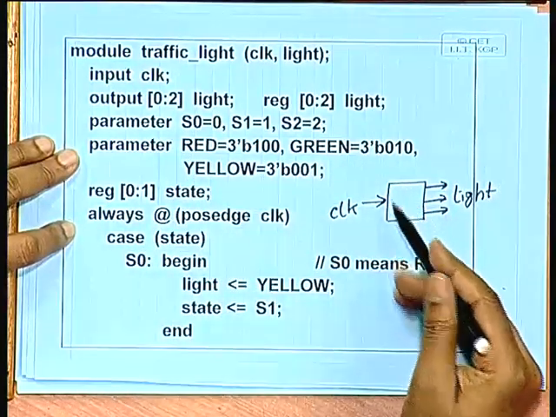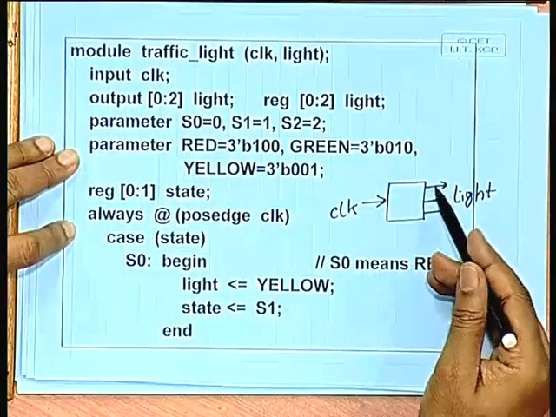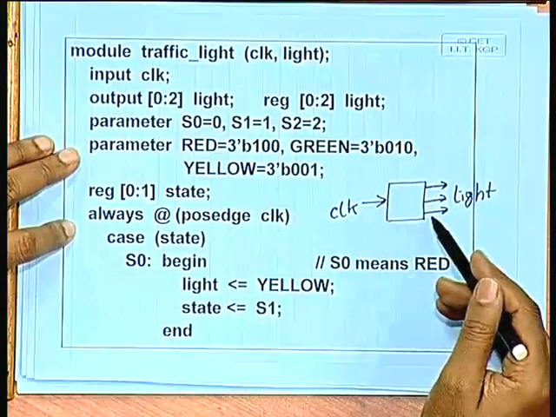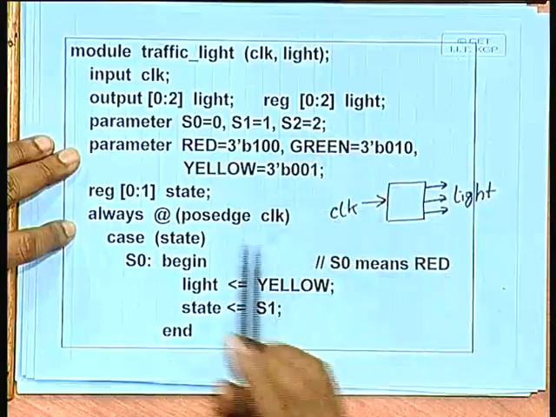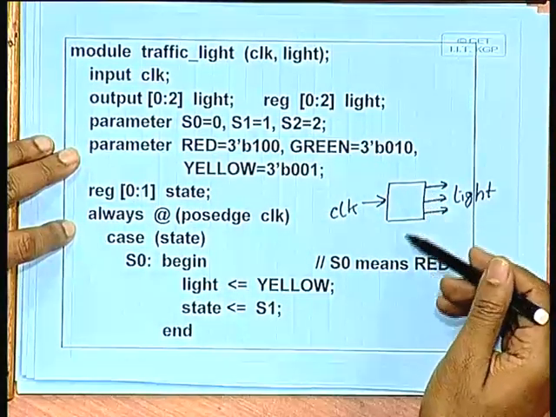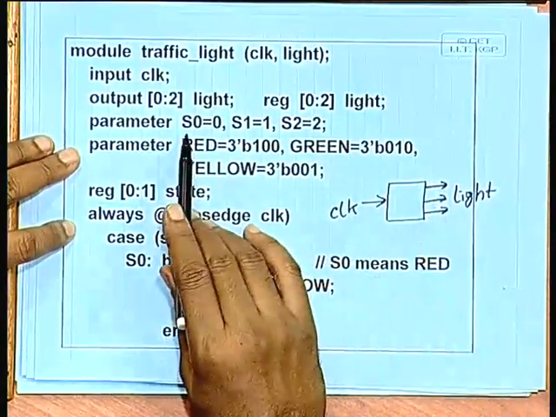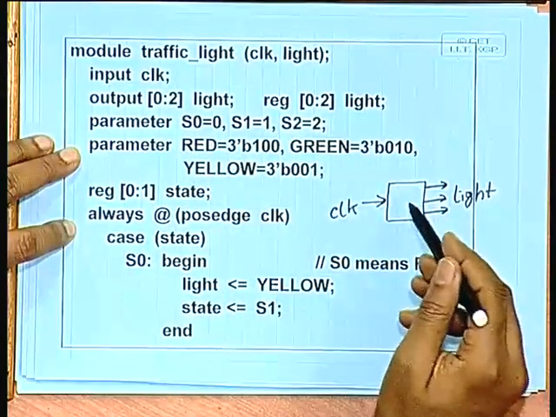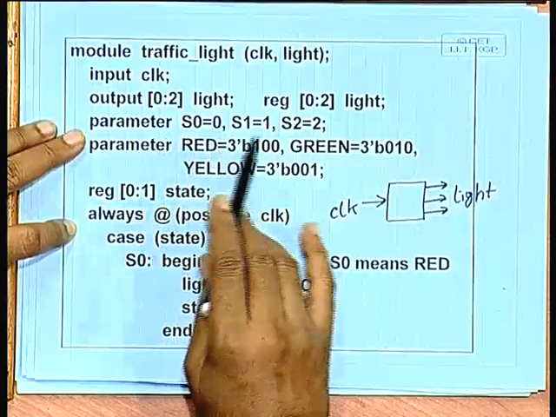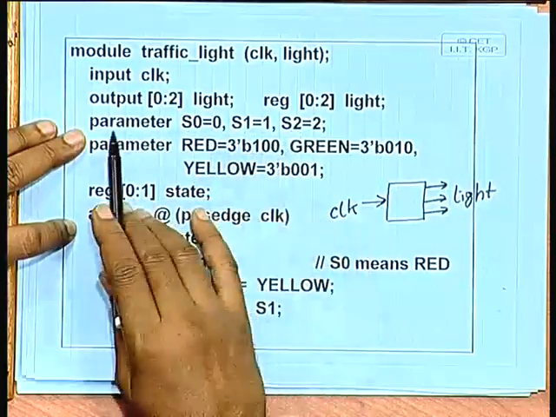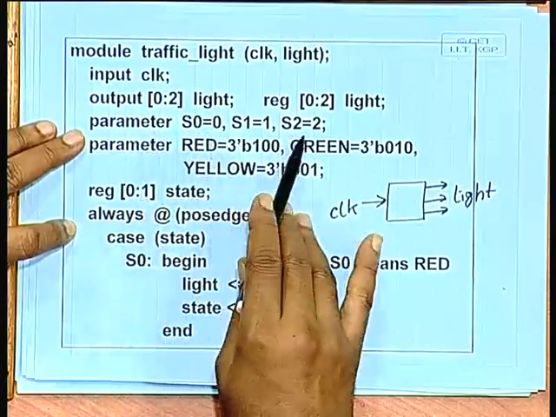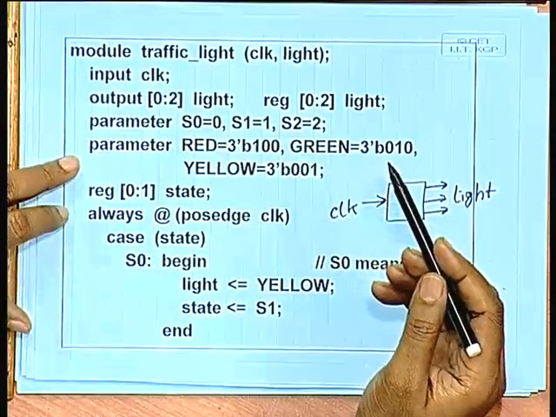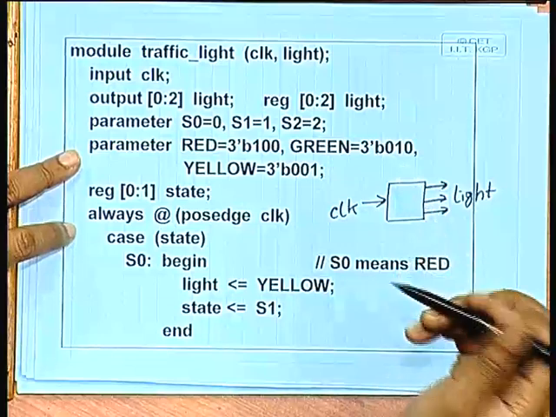Now, depending on which light is glowing presently, this circuit clearly can have 3 different states. In this program we are classifying these 3 different states as 0, 1 and 2 in terms of the internal state variables, and we call them S0, S1, S2 by these parameter constant definitions. So, the 3 states will be defined as S0, S1 and S2.